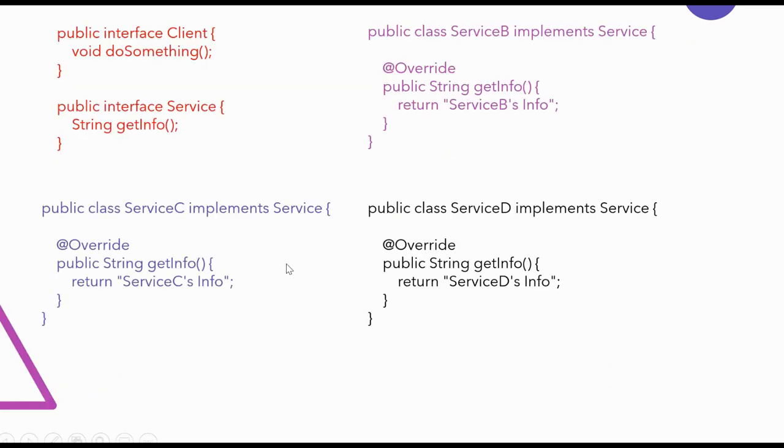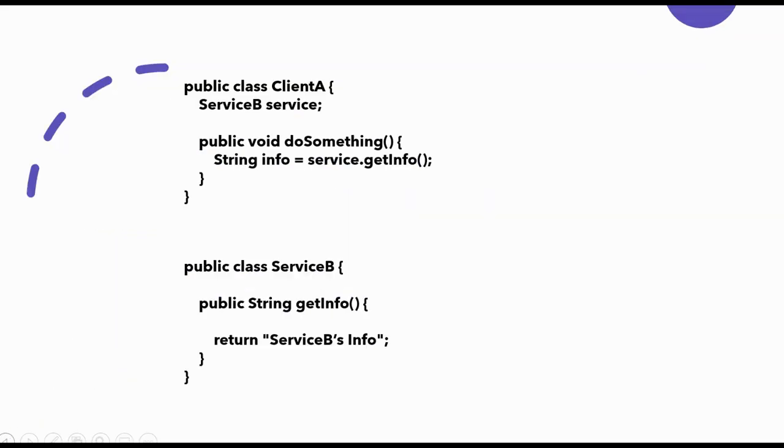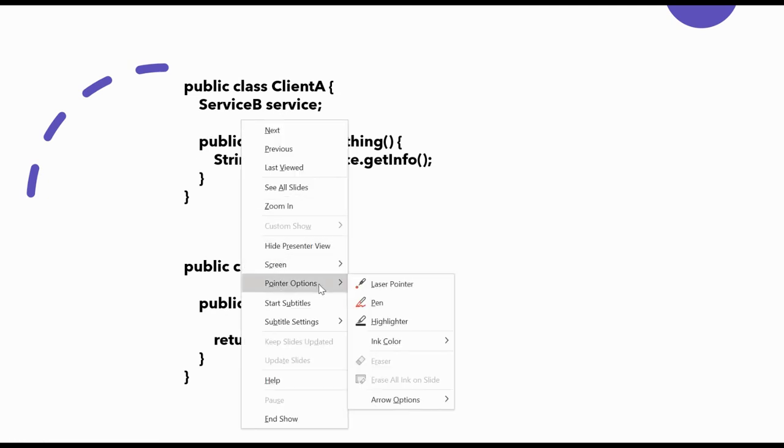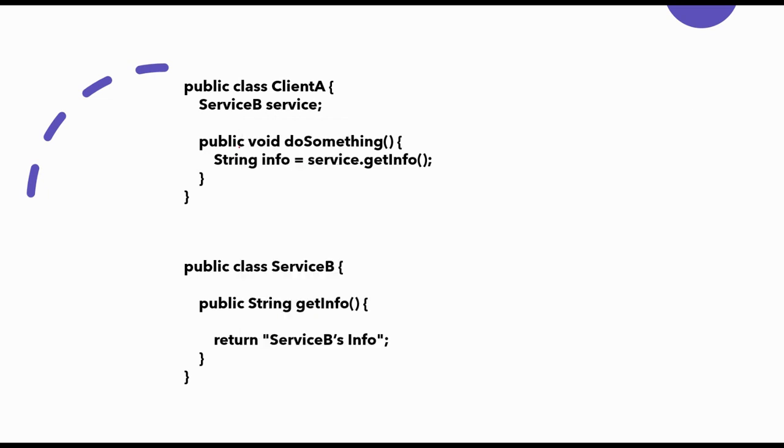So how does it achieve this? As I explained in my earlier slide, there is a class Client A which is dependent on the Service B class, and here I forgot to write something.